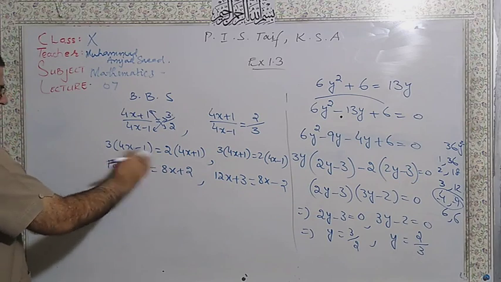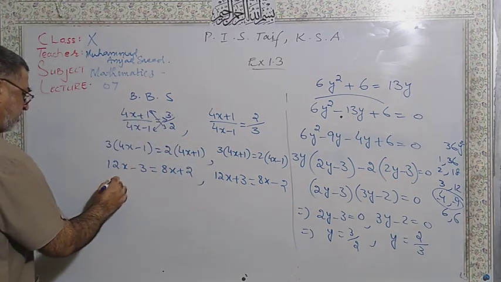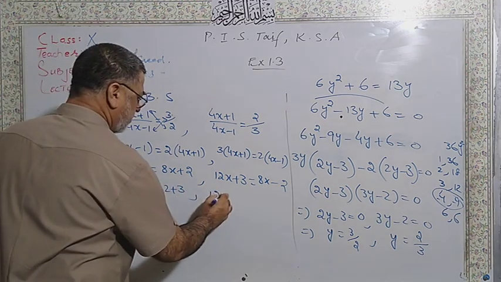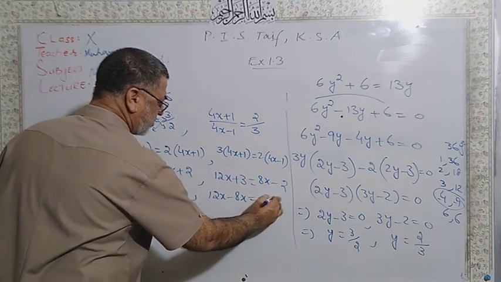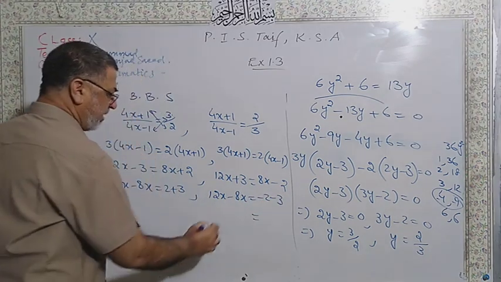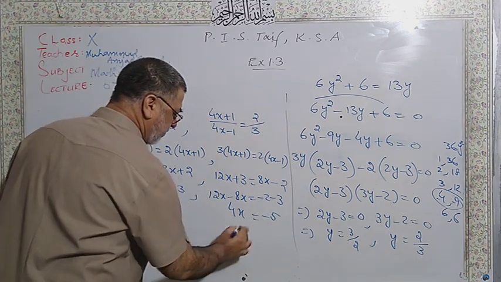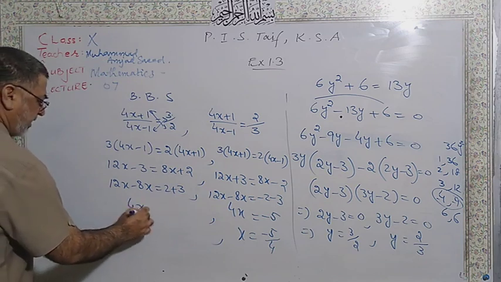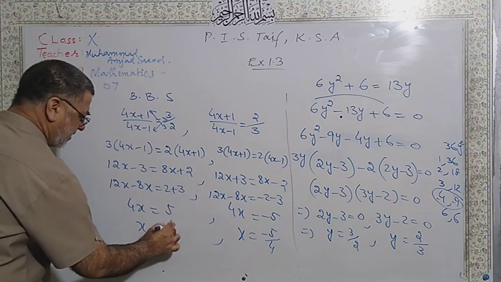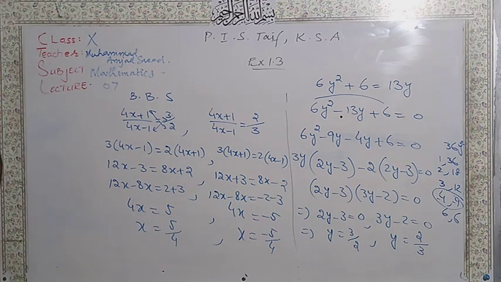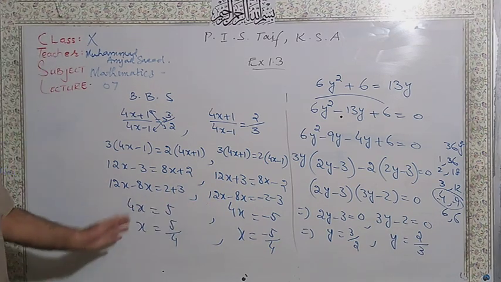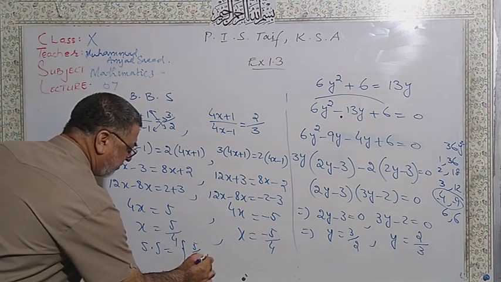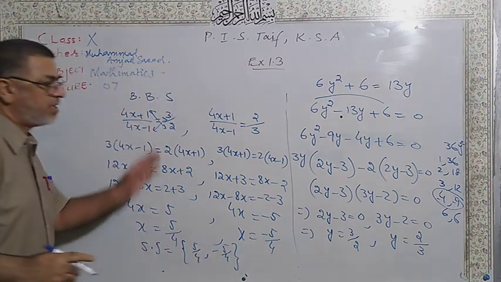Bring this 8x and bring this 3 to the other side. 12x minus 8x is equal to 2 plus 3. 12x minus 8x is equal to minus 2 minus 3. So 4x is equal to minus 5 and x is equal to minus 5 by 4. Similarly, 4x is equal to plus 5 and x is equal to 5 over 4. You can write both answers with plus and minus at the same time, or write them separately. 5 over 4 and minus 5 over 4, that is your answer.